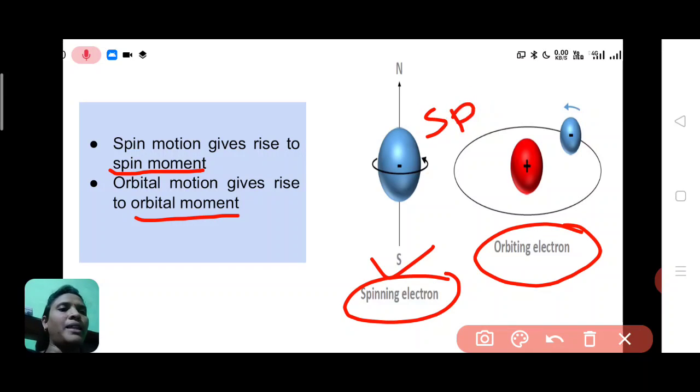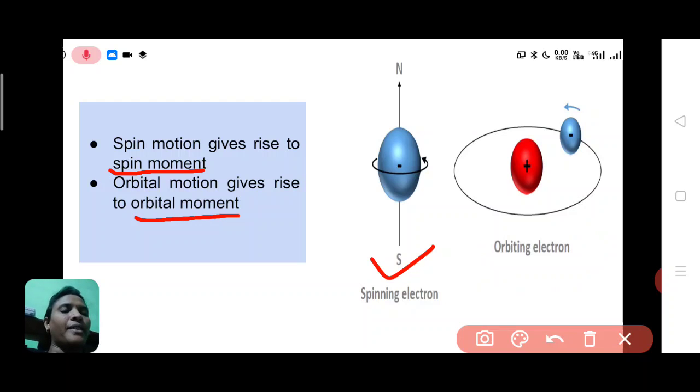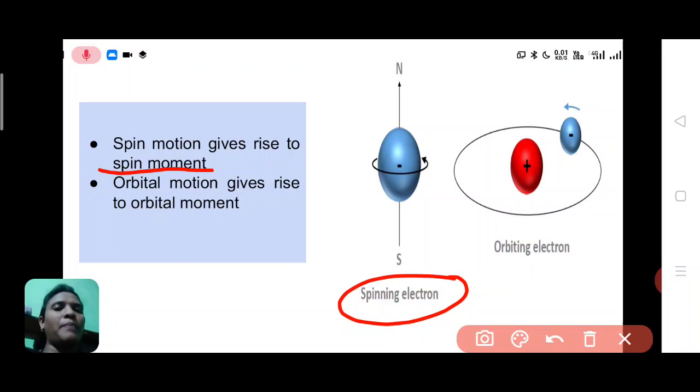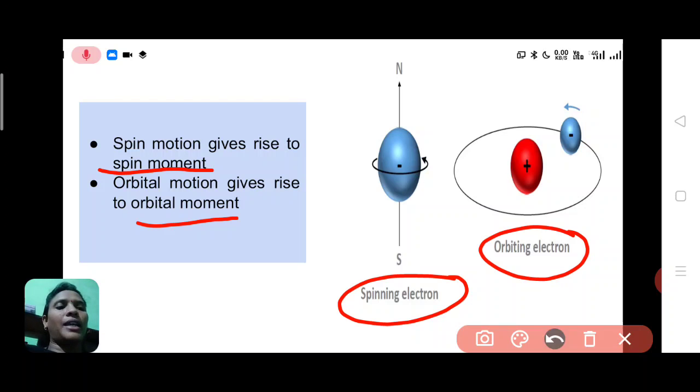Magnetic moment is represented by mu. So the spinning electron gives rise to spin moment, and the orbiting electron gives rise to orbital moment. Spin moment and orbital moment give rise to the total magnetic moment of an electron.